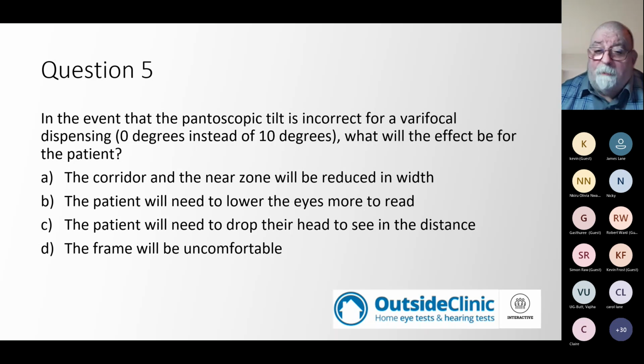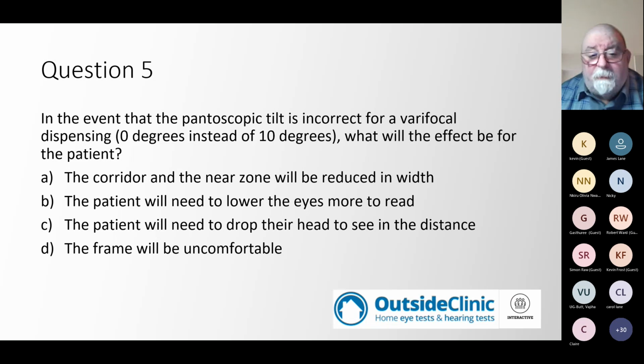Well, that won't happen, because if we've flattened the pantoscopic tilt, making it 0 instead of 10, the fitting cross is going to only have moved by about 1 millimeter at most, and it won't have an adverse effect on the vision.